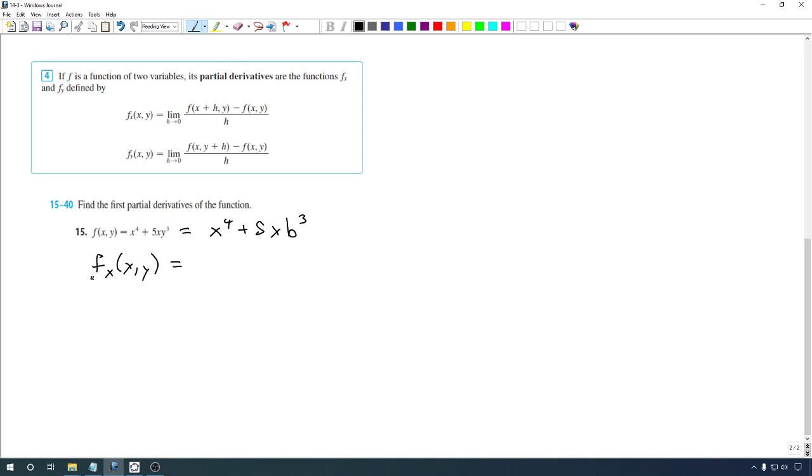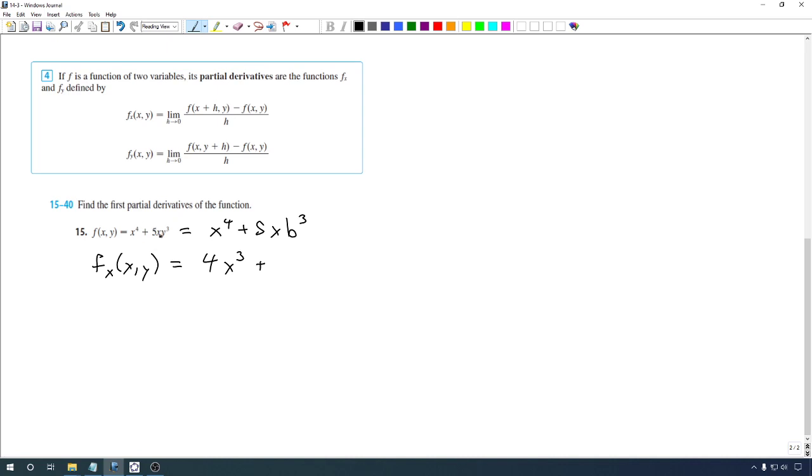So what is our partial derivative in the x direction? Well, we just do them the same way we normally would. Nothing about their definition changes, all of our laws of differentiation apply. So we can break it up over the sum. We have x to the fourth. We differentiate that by our power rule. We have 4x cubed.